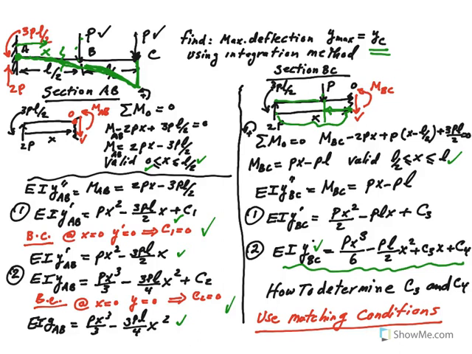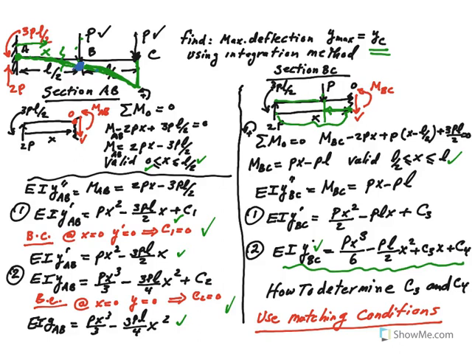Before we move to the next page, let me tell you what matching condition is. Right at this point, where these two elastic curves come together, the slope has to match and the deflection has to match.